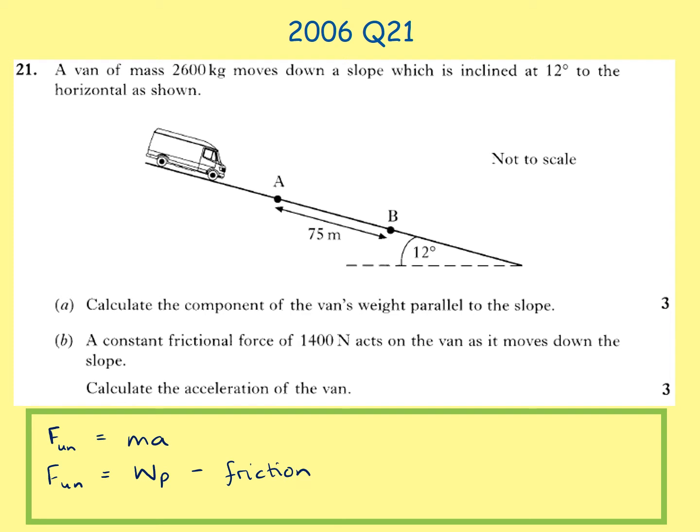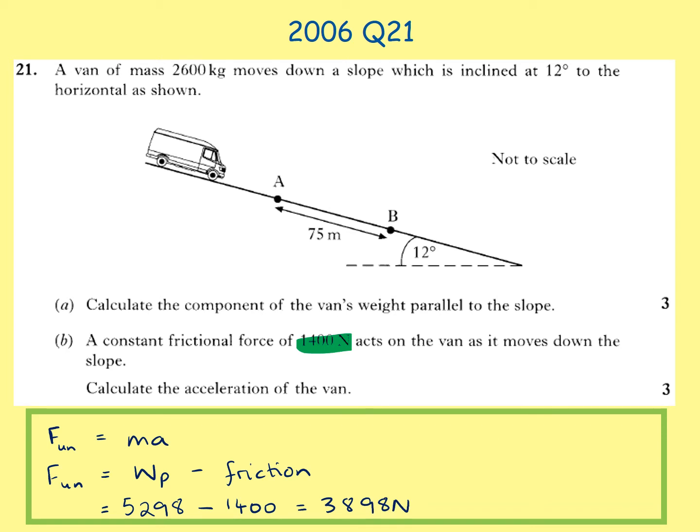Again, because they're acting in opposite directions. So we worked out our weight parallel to the slope as 5,298. Take away friction, that is given in the question there, 1,400. And we get an answer of 3,898 newtons.